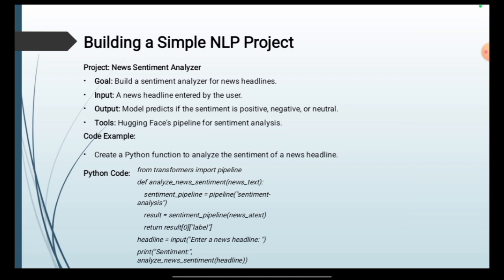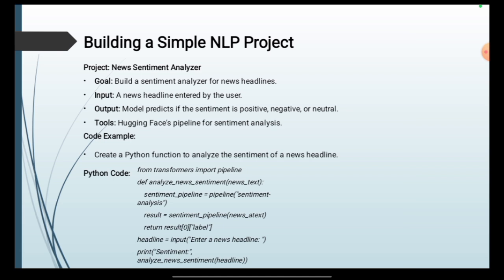In the provided Python code, the analyze news sentiment function takes a news headline as input and uses the pipeline from the transformers library to analyze its sentiment. The pipeline sentiment analysis loads a pre-trained sentiment analysis model. The model processes the input and returns the sentiment label, which is either positive, negative, or neutral, with a corresponding confidence score.